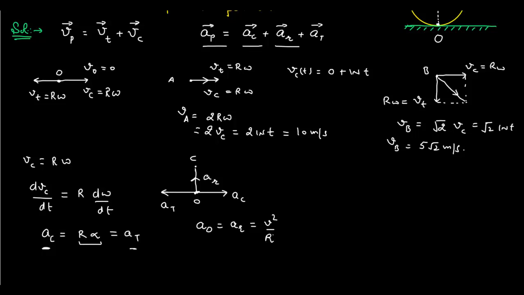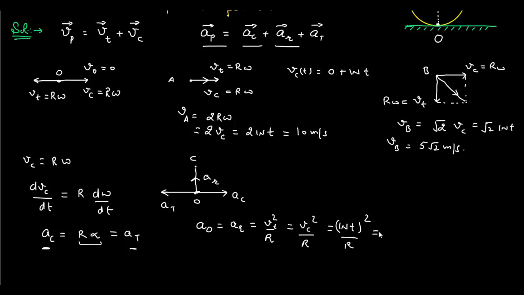because it is the centripetal acceleration, and v means the tangential velocity, and we have calculated here that vc is equal to vt, so we can write this as vc square by r, and we know that this vc is wt, so this is wt whole square divided by r.